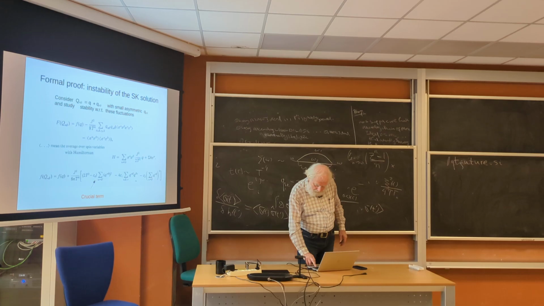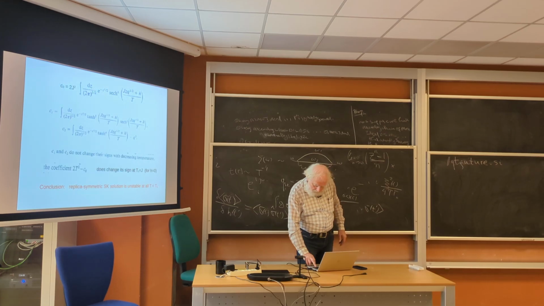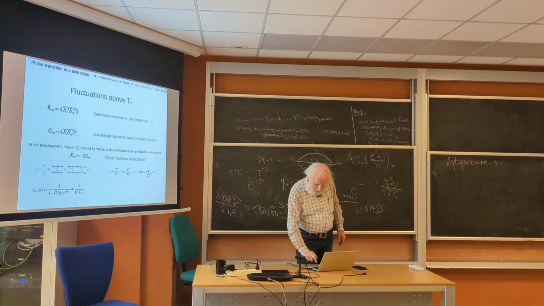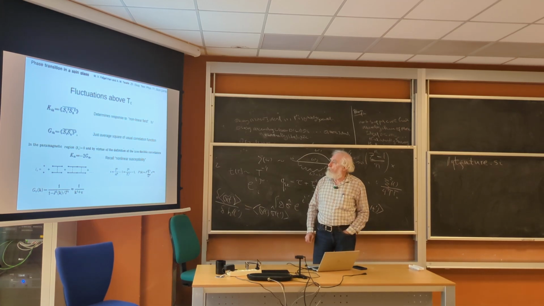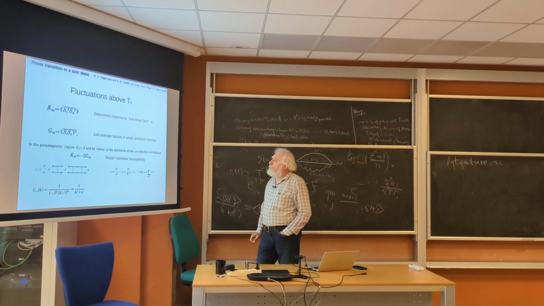By the way, let us make a small step back and discuss what is the behavior of these fluctuations above Tc. We can define two types of correlation functions, which can be averaged over disorder and give some non-zero result.